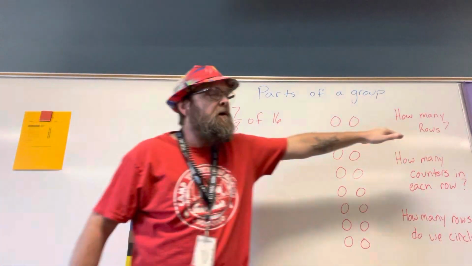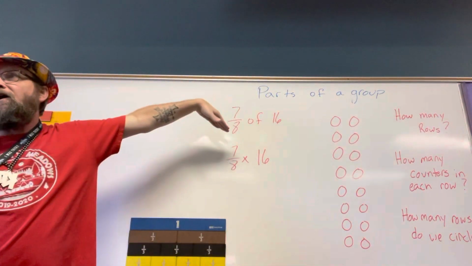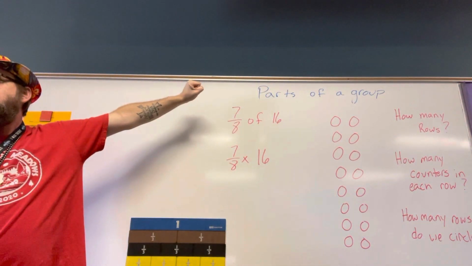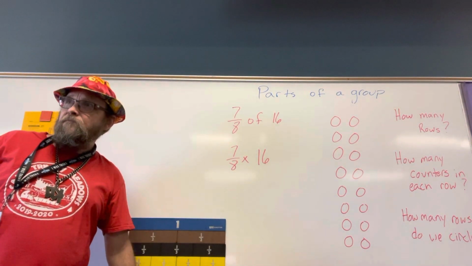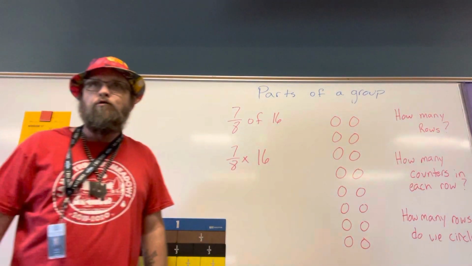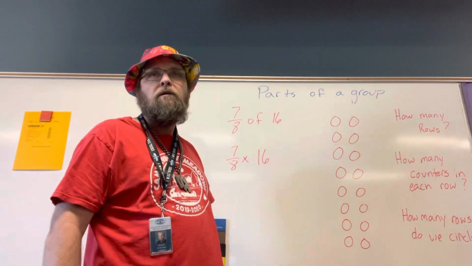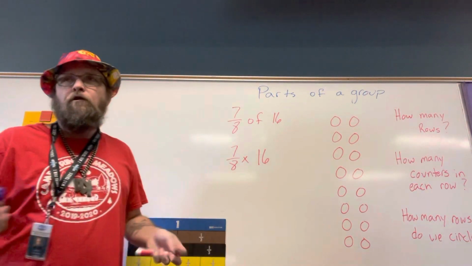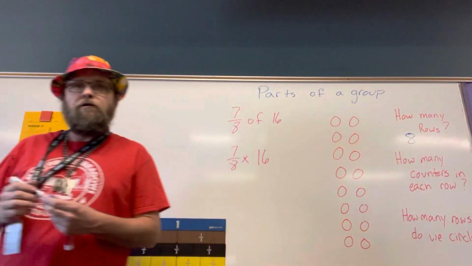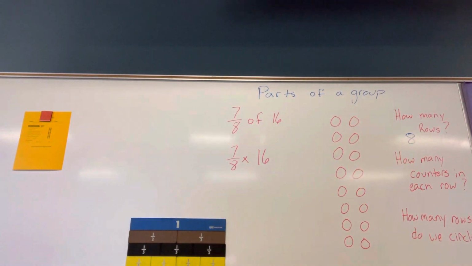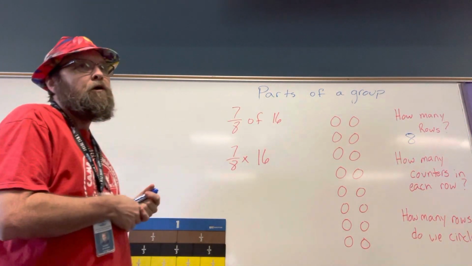All right, so how many rows do we have, Alexis? 8. 8 rows. So if you had this question, maybe on the Google slides you get, there are 8 rows. And how many counters are in each row?